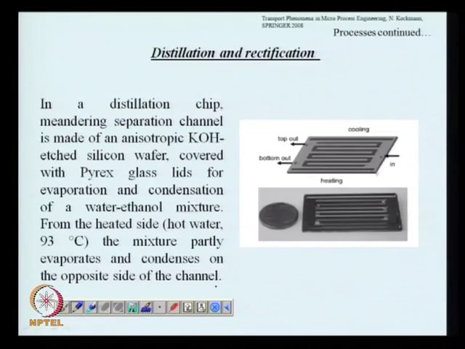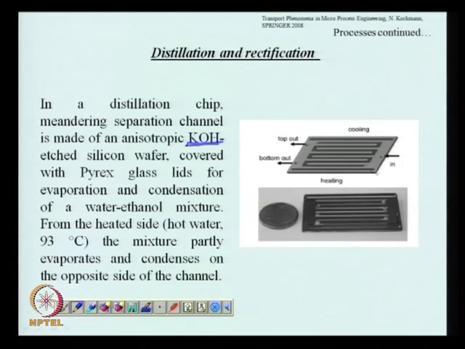The next example that we see is an interesting example. It is about distillation and rectification taking place on a single chip. Here we have a silicon wafer where anisotropic KOH treatment, which you are familiar with, is used.